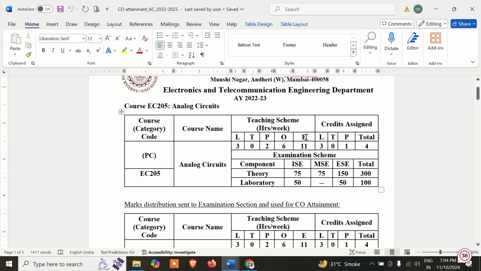So the total E, the total engagement per week, is 3 hours of theory, 2 hours of practical, 6 hours of over and above that a candidate has to do through some assignments or some self-learning. And the engagement during that week for this subject is 11 hours.